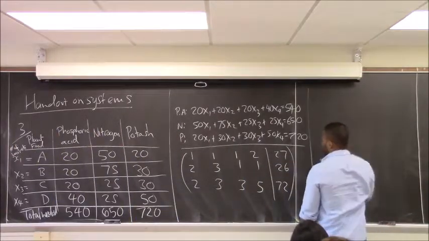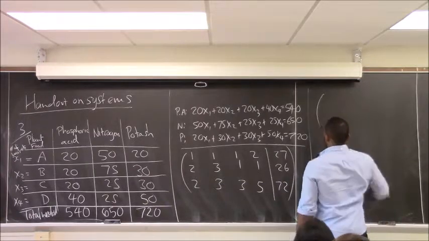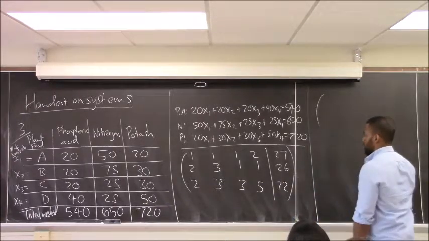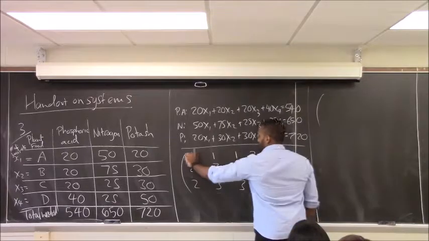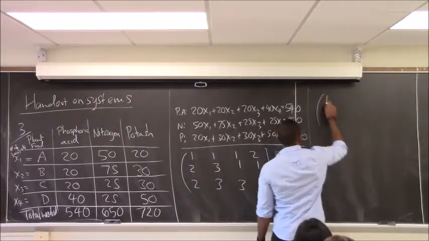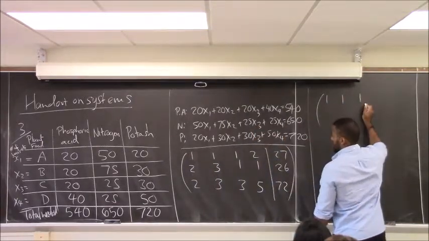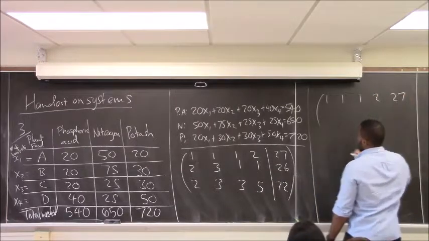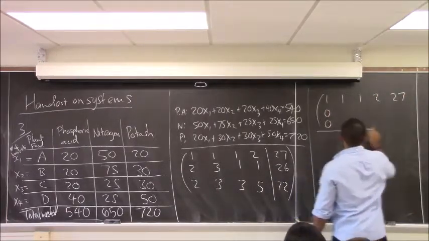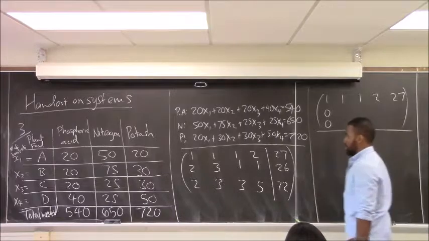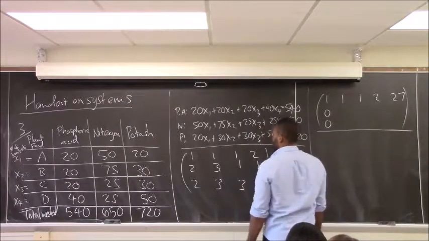Of course, we're going to want to get this to some sort of echelon form. So pivot is here. He's actually okay, so I'd actually not do anything with the first row. But I do want 0 here and 0 here right away. And so what can I do?